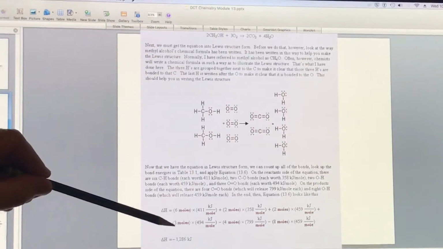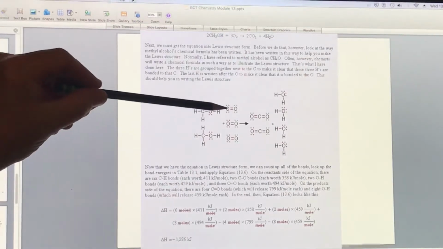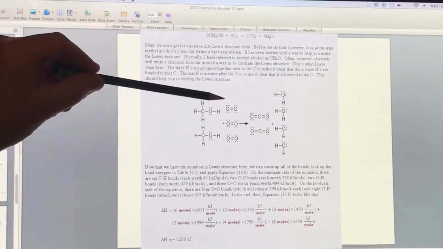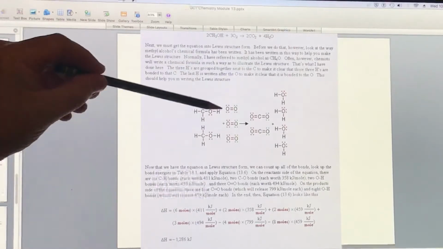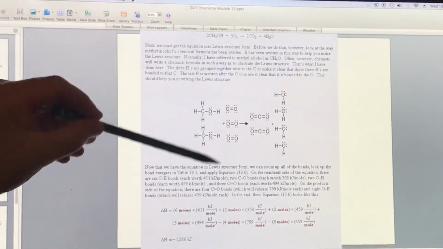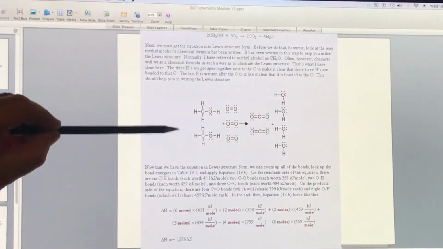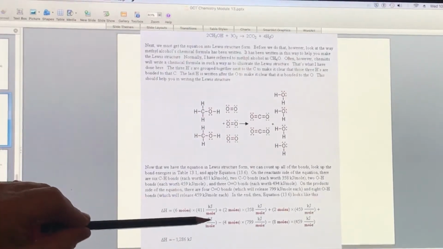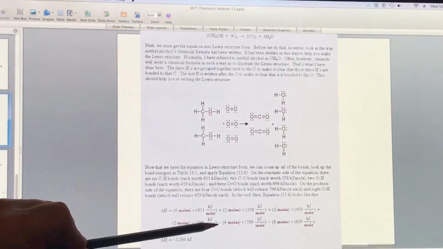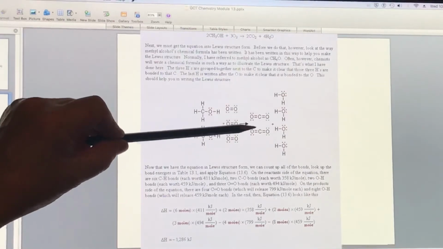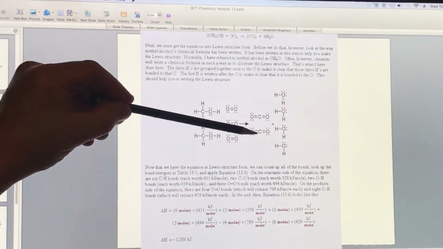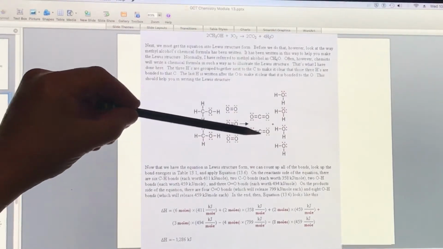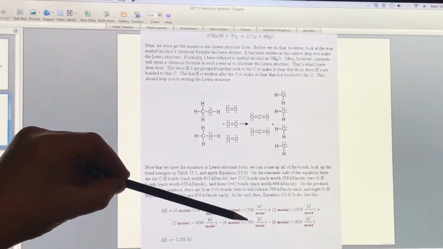Then you would add 3 times, you have 3 oxygen with double bonds between them, and multiply the 3 by those here. And so now you've accounted for all the bonds in the reactants. Now notice how the sign changes to subtraction, because now you'll be accounting for the bonds in the product side. You have 4 times these double bonds for the carbon and the oxygen, so that's the 799 kilojoules.